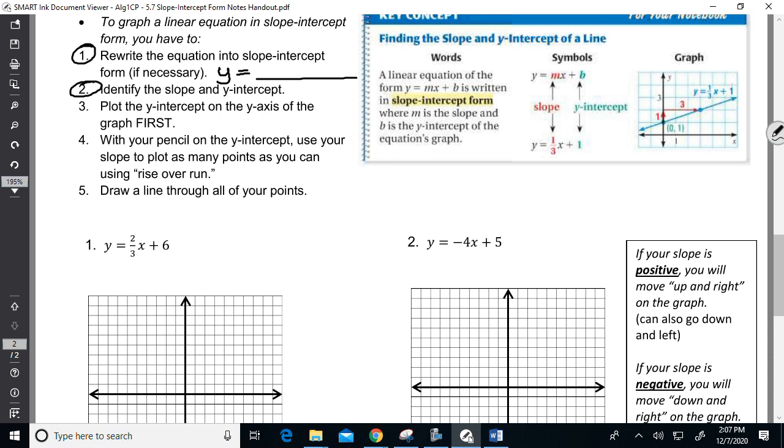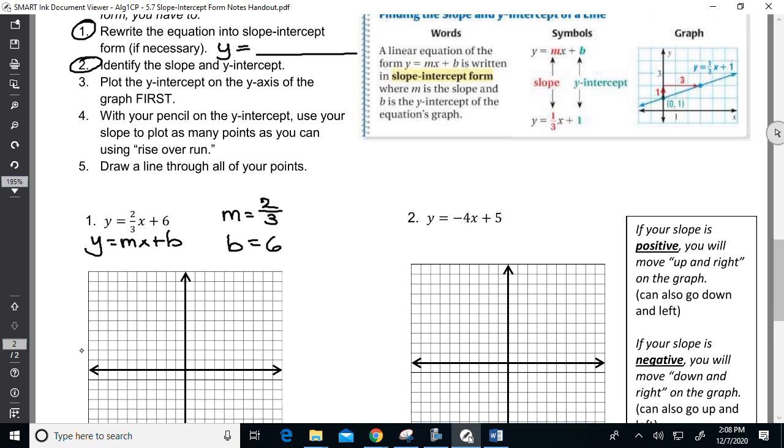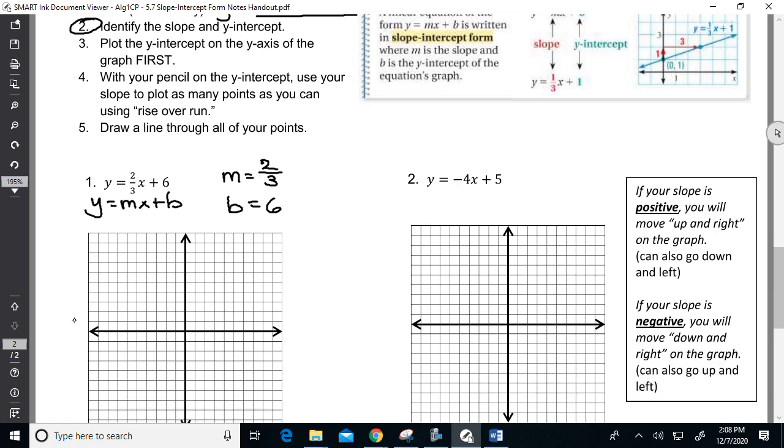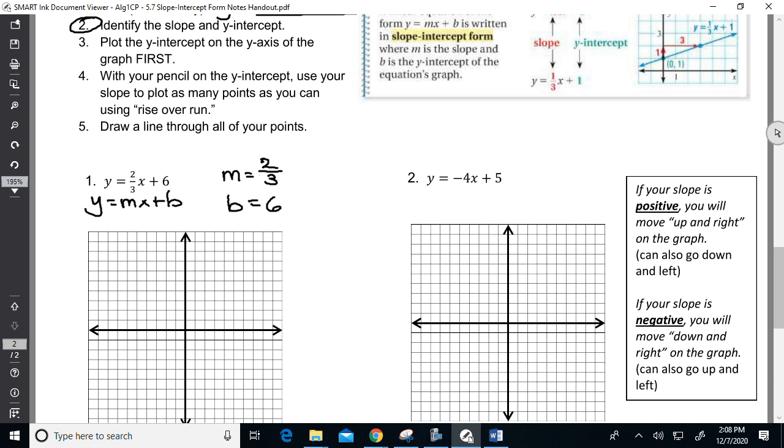Step 2, identify the slope and the y-intercept. We're going to put the formula directly underneath. So that means the slope is 2/3 and the y-intercept is 6. Questions before we continue?